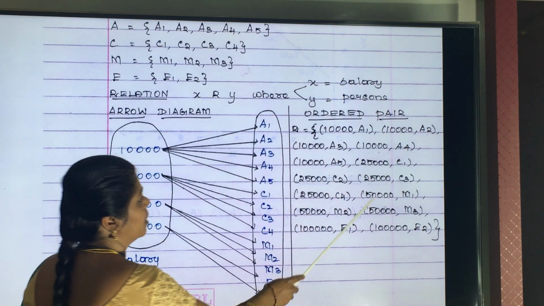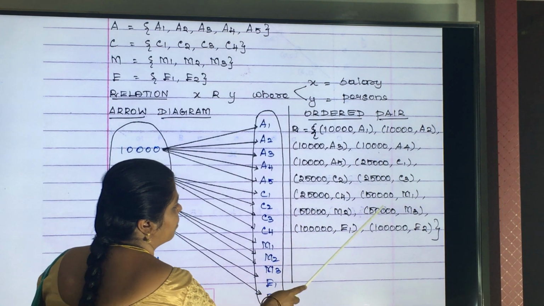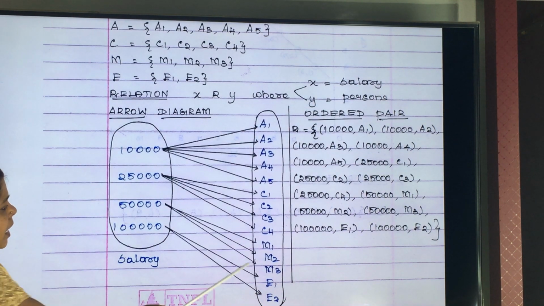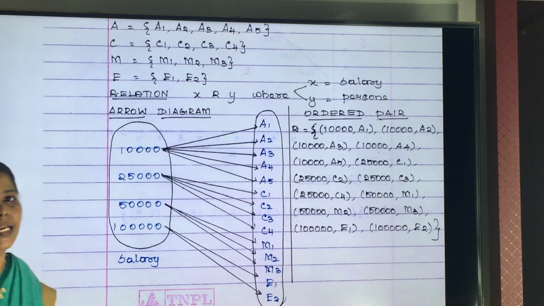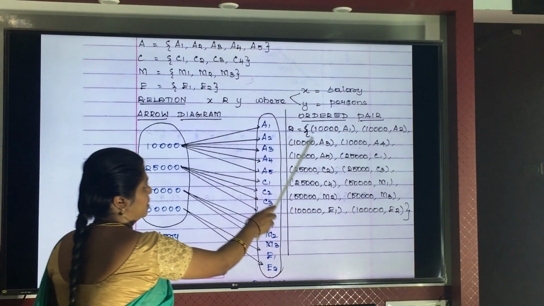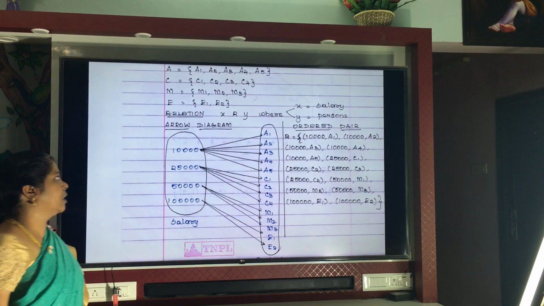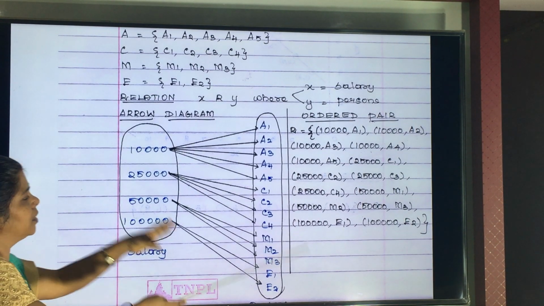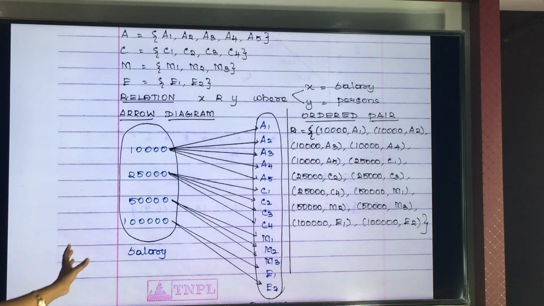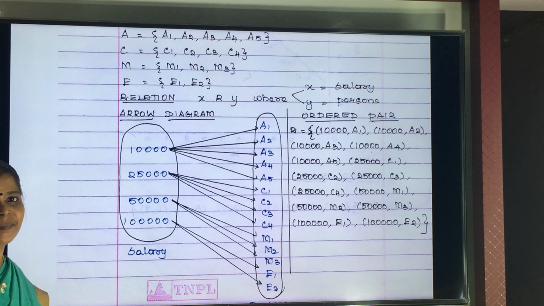Next, for managers, (50,000, M1), (50,000, M2), (50,000, M3). Last, for executive officers, (1 lakh, E1) and (1 lakh, E2). So this is how the relation between X and Y, salary related to person, is expressed in the form of an arrow diagram and also in the form of ordered pairs.